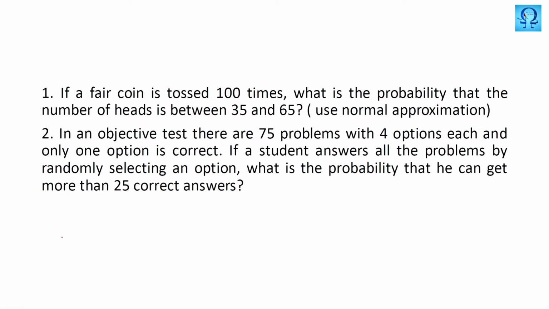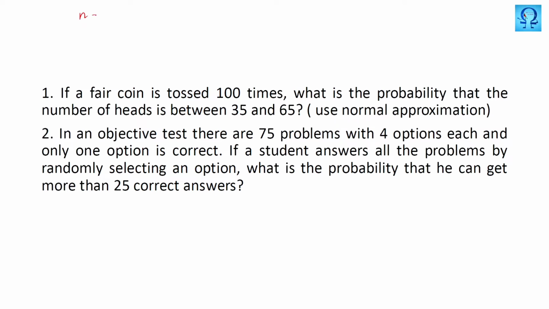Moving further, we have a problem, and I'm just going to give you the hints. A fair coin is tossed 100 times. What is the probability that the number of heads is between 35 and 65? We are asked to use normal approximation.